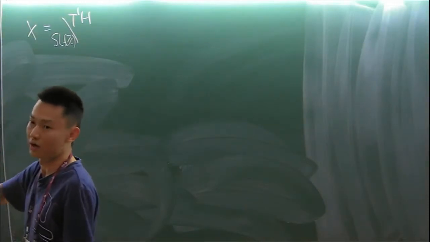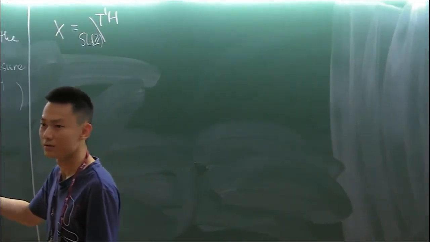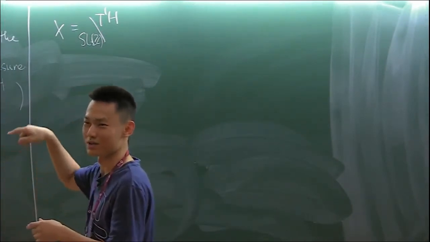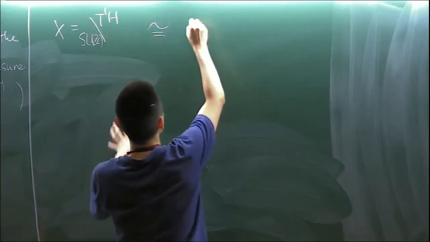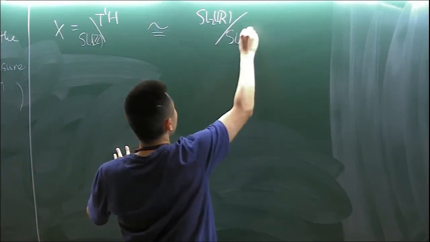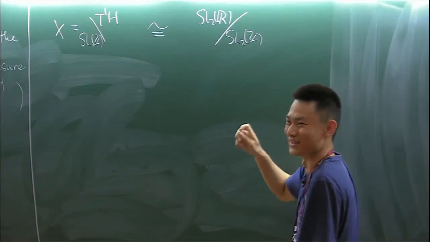So not only SO2Z, but also SO2R acts on it. And if you look at this action, it turns out this action is simply transitive. Not simply transitive, but with a stabilizer plus minus 1. But using that identification, you can identify this with SO2R mod SO2Z. And there's no good reason why I quotient on the right, but I want to quotient on the right.